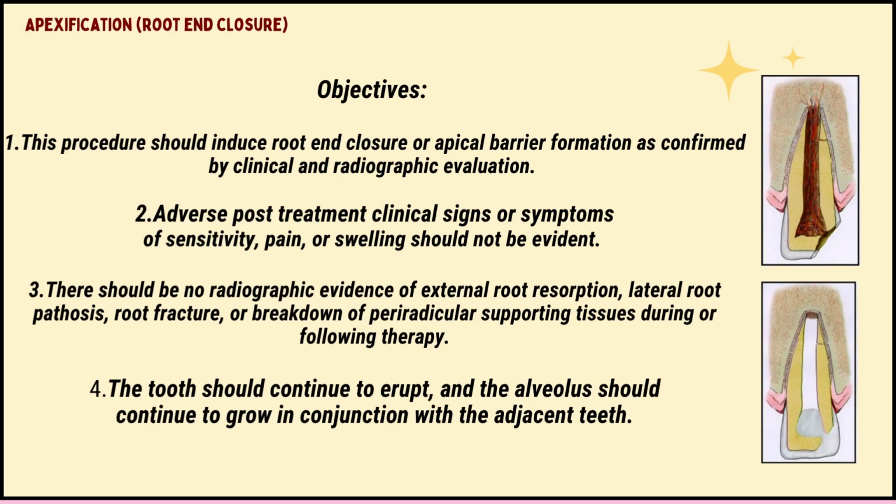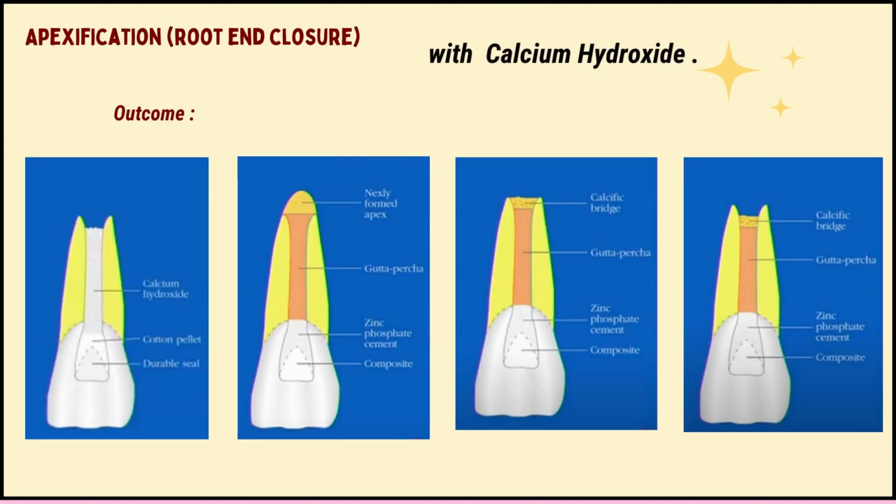And during or following the therapy, there should not be any radiographic evidence of external root resorption, lateral root pathosis, root fracture, or breakdown of the periradicular supporting tissues. And the treatment should not interrupt the eruption of the tooth and also the formation of alveolus in conjunction with the adjacent teeth. This slide shows the possible outcomes of the calcium hydroxide apexification.